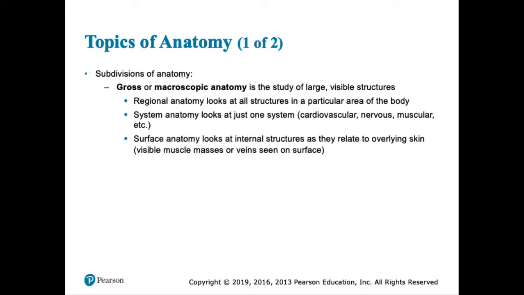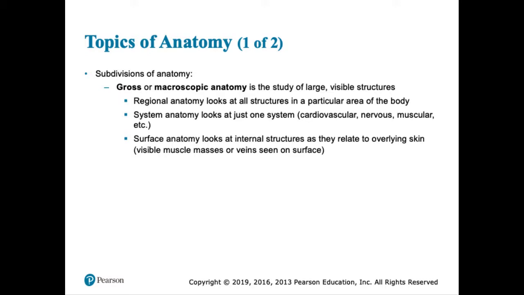Things like regional anatomy, which looks at all the structures in a particular area of the body. You could also have systemic anatomy, which looks at just one system. So maybe someone is an expert in the gross anatomy of the cardiovascular system or the muscular system or the nervous system, understanding the components of that.